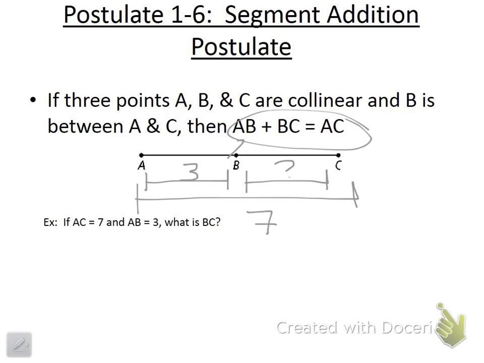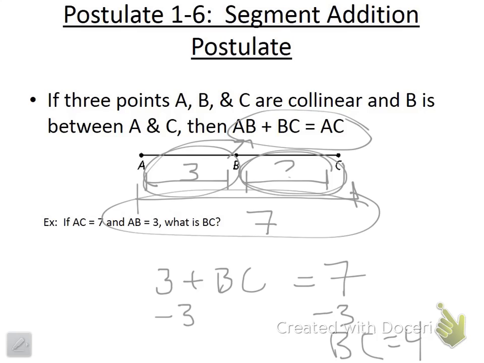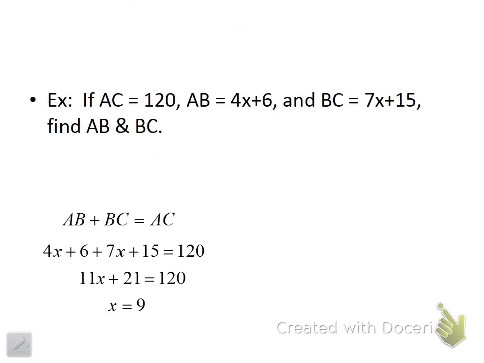So my AB is 3, plus my BC is what I don't know, and it equals AC, my longest segment. So to get BC, I'm going to subtract 3, so BC equals 4. Basically we took the long segment and subtracted this segment from it to get this segment. It takes some practice to get it. So my segment BC is going to be 4.